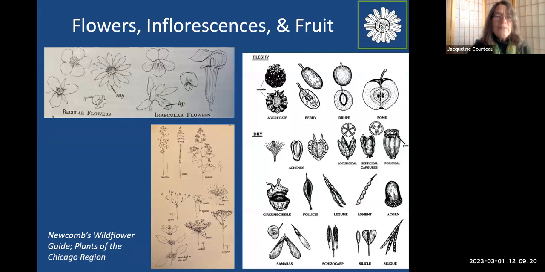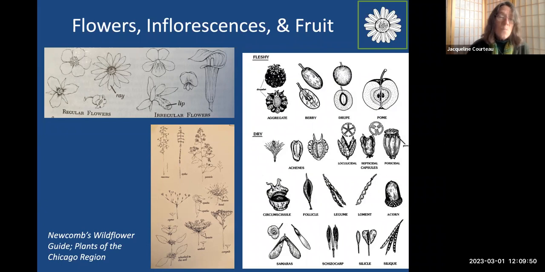A few things about flowers, of course: there are regular and irregular flowers, different numbers of petals, different inflorescence forms, and those yield different types of fruits. In general, I'm not going to talk a whole lot about flowers. In a few key species I will, but often if you have the flowers, that's your best chance at identifying the plants using the keys or field guides.